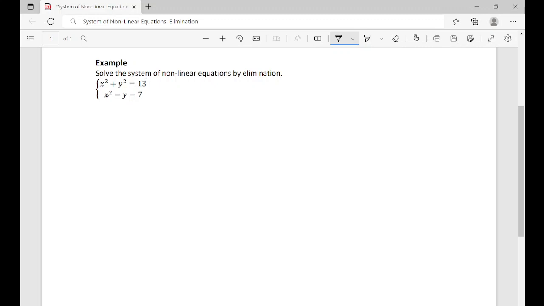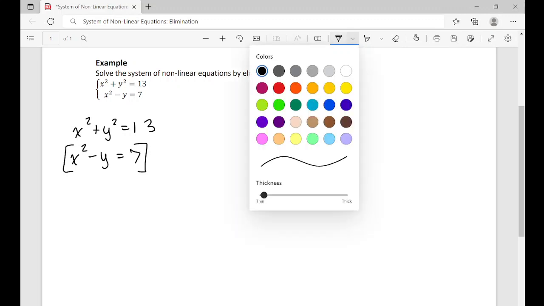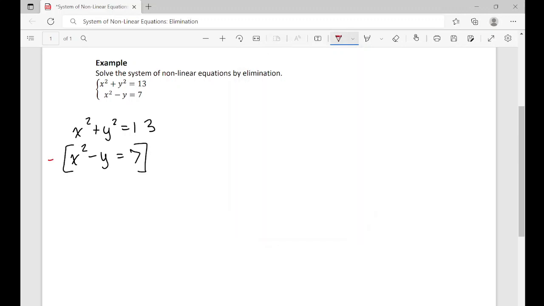I can only eliminate the x squareds because I can't eliminate the y squared and y because they're not like terms. So I'm going to take the second equation, x squared minus y equals 7, and multiply this bottom one by a negative 1.